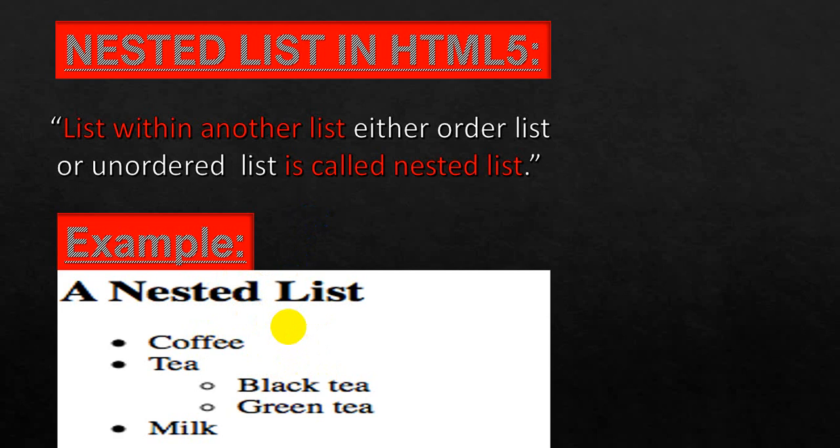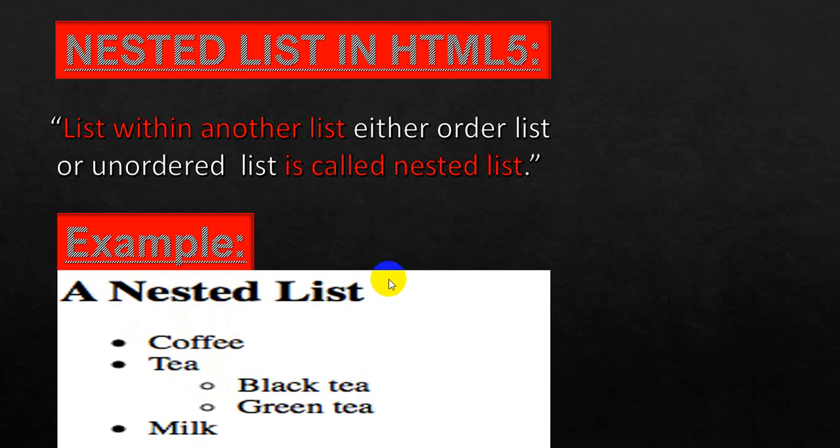Right now we are watching single level, because we have black tea and green tea, and just above we have only one level, tea and coffee. So this is the main, or parent item, and inside that parent we have only two children. The tea is a parent, and black tea and green tea are child items inside that list. So there is only one level.